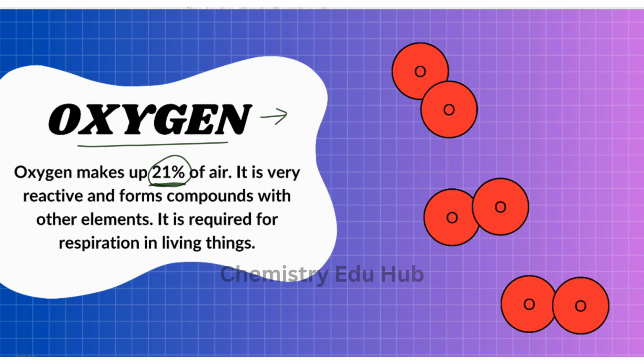Compared to nitrogen, oxygen is reactive. That means it can combine with other elements and is found in the form of compounds. The best examples are water, calcium oxide, calcium carbonate, etc. Oxygen in combination with other elements forms various compounds which have many general uses.